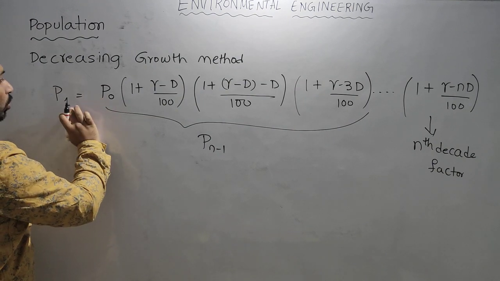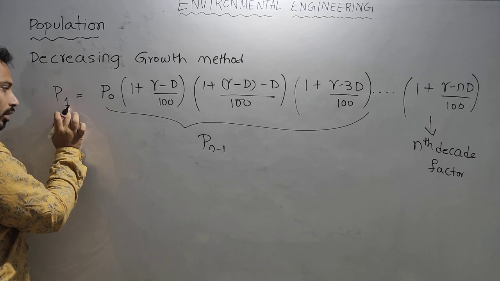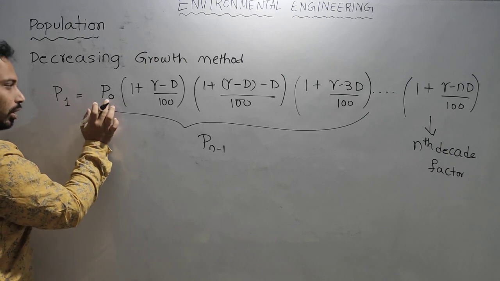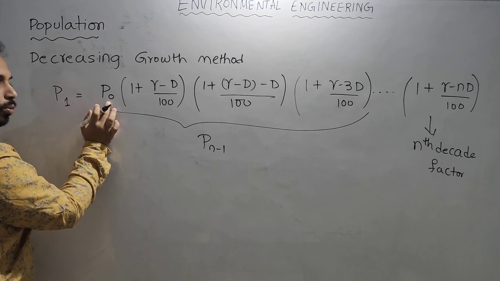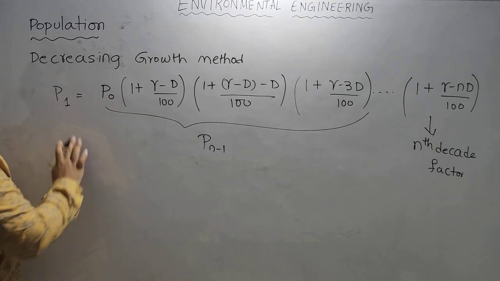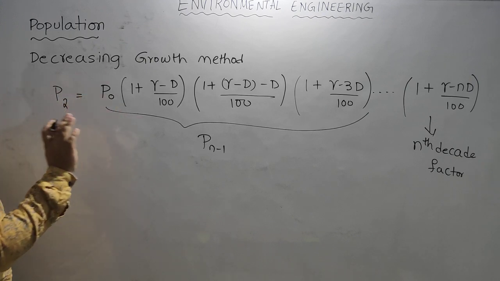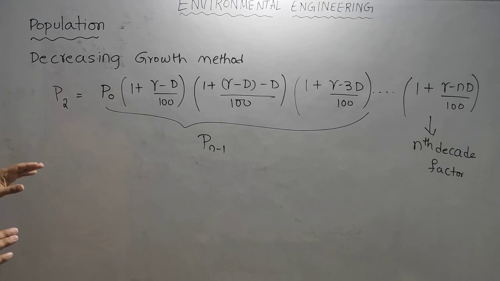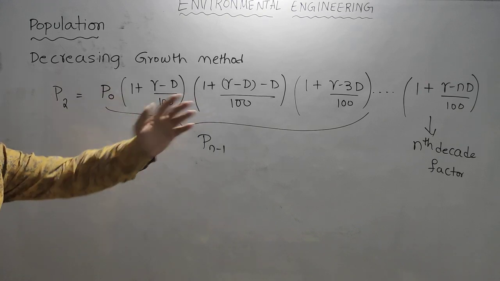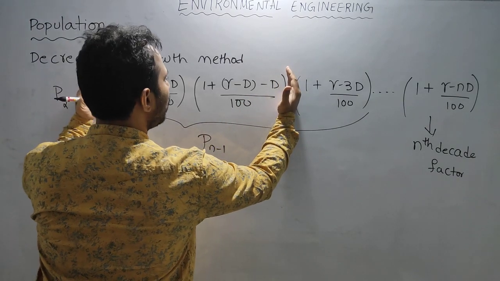So if you know the latest population, that means you want decade 1 but you have the population of decade 0, then simply P naught into 1 plus R minus D. If you want decade 2, but you have only P naught, not P1, so the latest known population is not of the previous decade, then you have to use this formula.